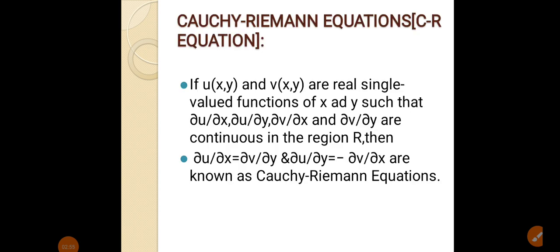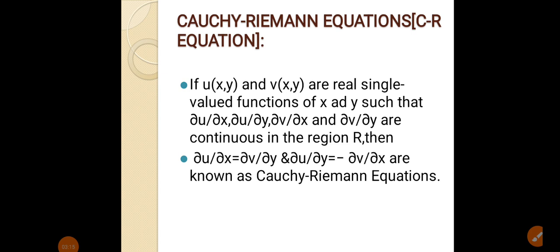Next is Cauchy-Riemann equations, the CR equations. The CR equations are necessary and sufficient conditions to prove any function analytic. So let's see what the Cauchy-Riemann equations are.